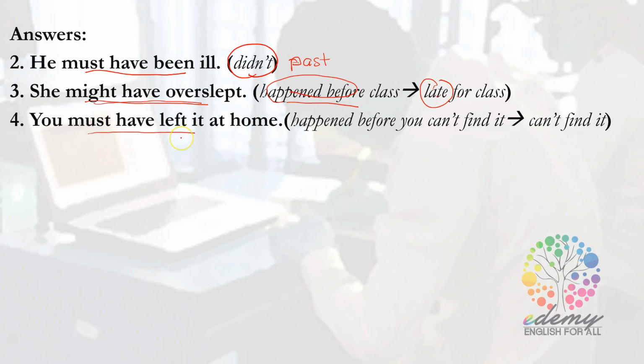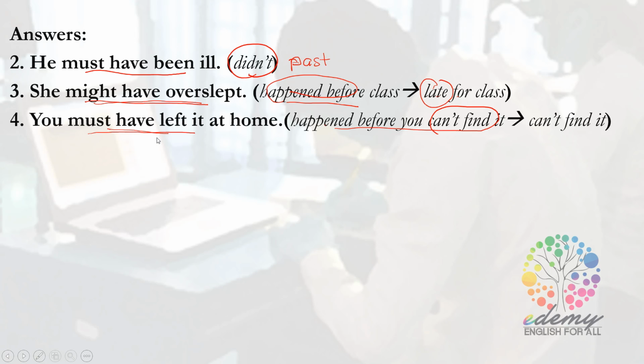So, why do we use it in the past? Because we want to focus on what happened before you cannot find your notebooks. You cannot find your notebook is the present time. So what happened before that made you not able to find it? So we focus on what happened before. That's why we use it in the past. Must have left.